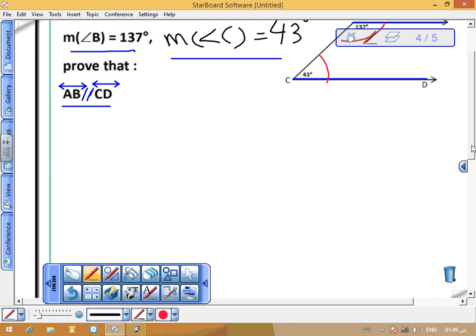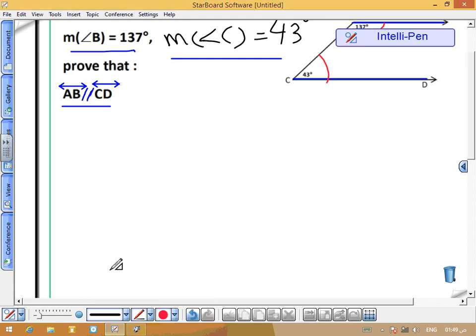Start by drawing a line like that. Write the given.